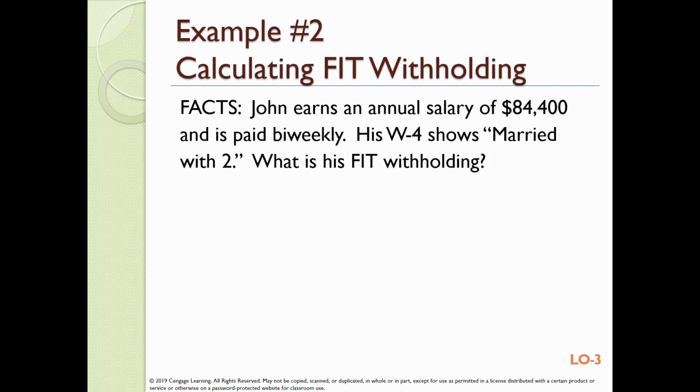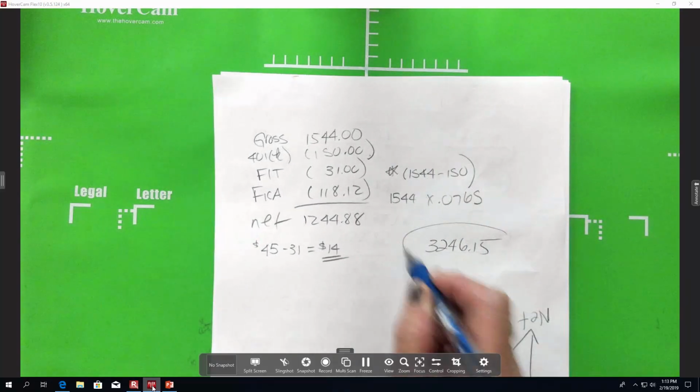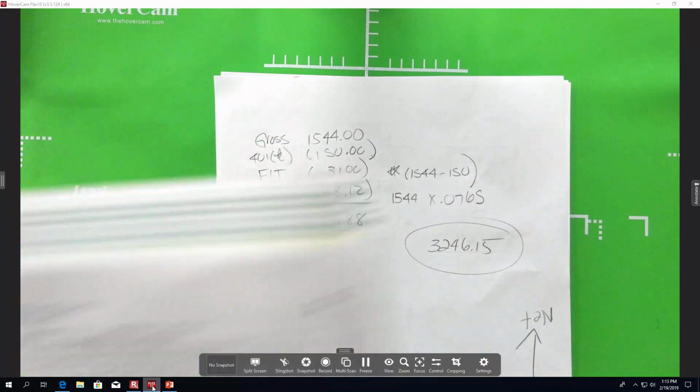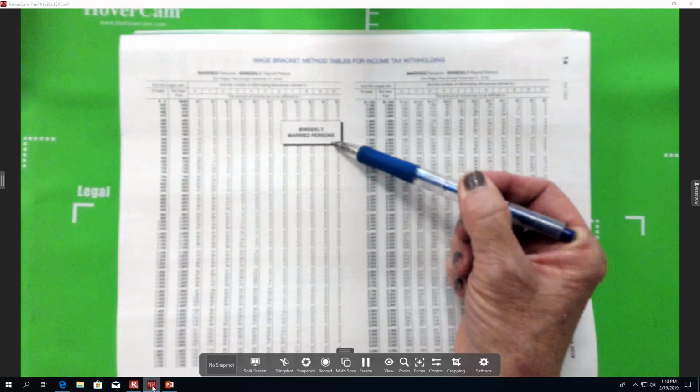3,246.15. So now I'm going to turn our attention back here, and let's work through this together. So here's his gross check, right? He's married. I go back to the same table because he's also biweekly and also married.